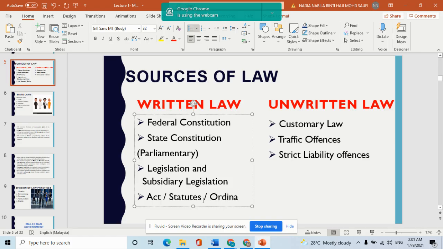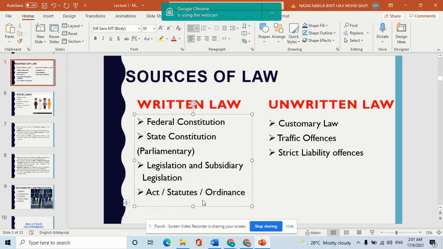If you're wondering, Madam, what are ordinances? It is actually the same as acts and statutes. However, in Sabah and Sarawak, their acts, akta mereka, are called ordinances. They do not call it akta.